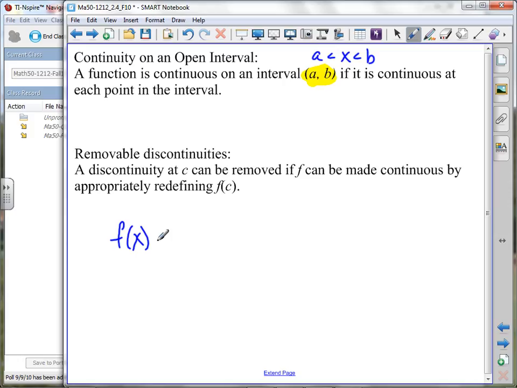I'll save the examples for that because I want to make sure that we don't think of it as just redefining the function, because when we redefine the function, we still could have that discontinuity. So let's just look at some examples, and this will come up again.